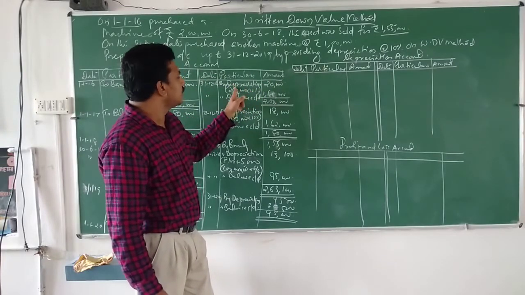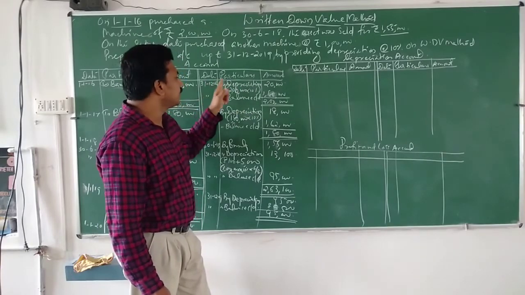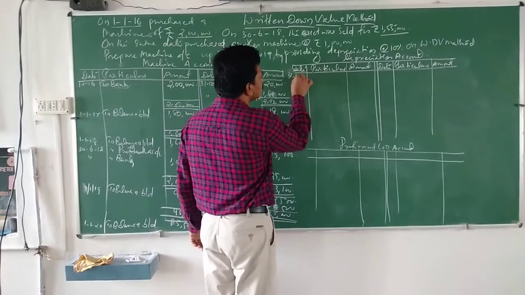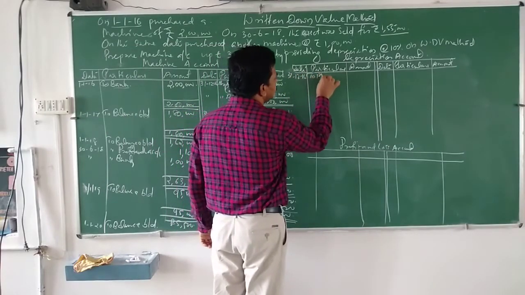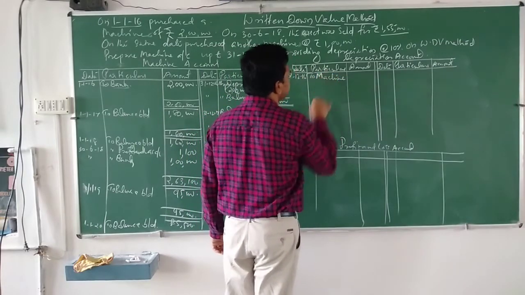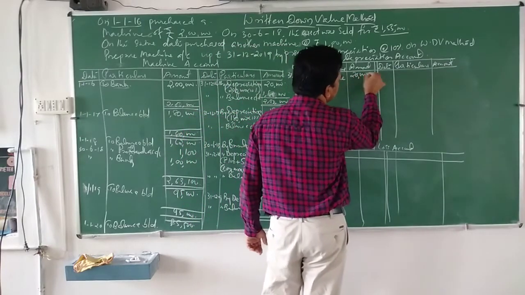Here we have written 2016 December 31st by depreciation. So in the depreciation account, 31 12 2016, debit side, to machine. How much? 20,000.